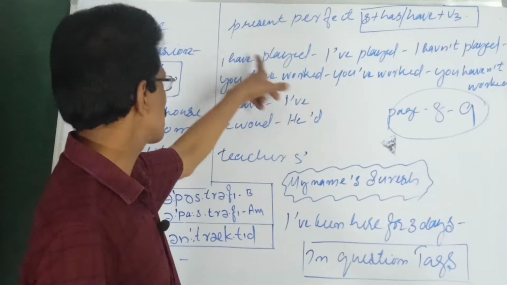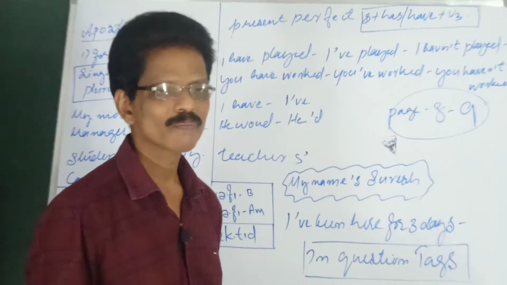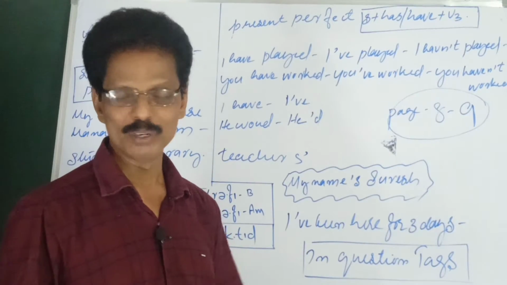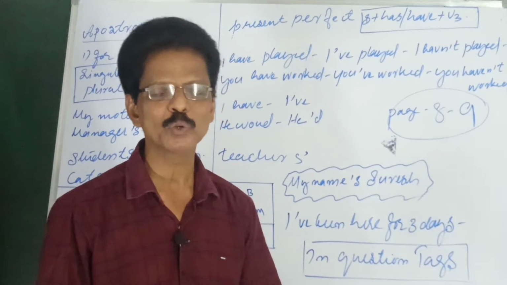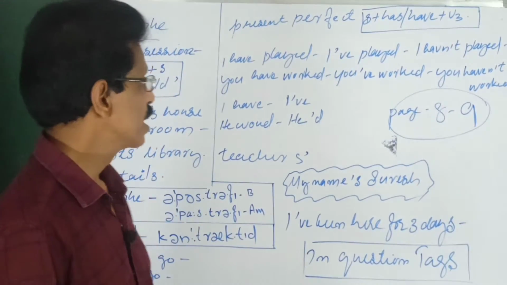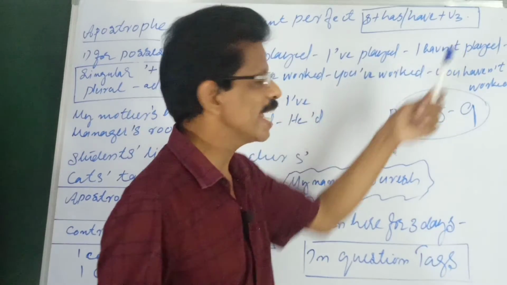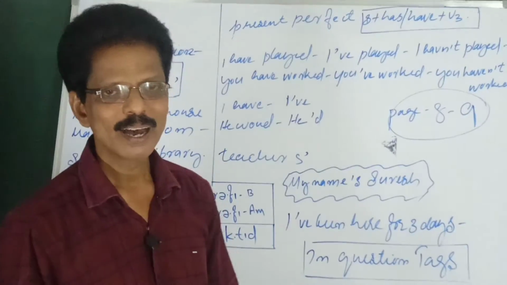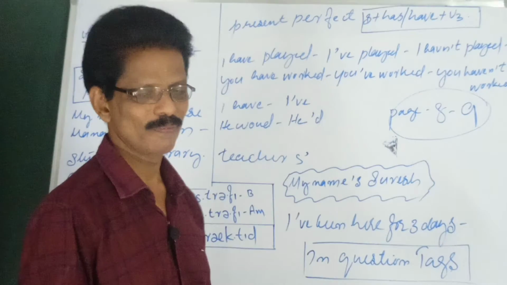See present perfect, for example, I have played, I've. In conversation, it is better that you use this short form. Is this the positive form? Check the negative. I haven't played. I have played, I haven't played. I haven't, not I have not.